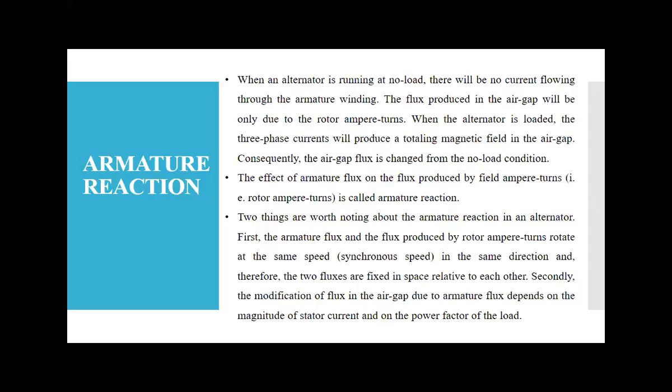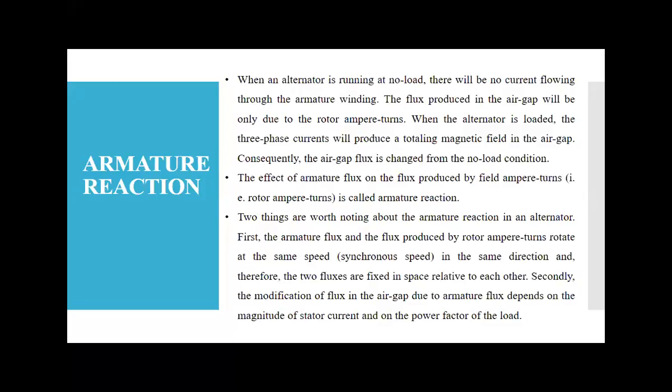That is based on the load or the capacity of the alternator. But most of the time, between distributed or concentrated, we select the distributed winding only, and between short pitch and full pitch, we mostly select the short pitch only. So my armature winding is single layer distributed short pitch or double layer distributed short pitch.